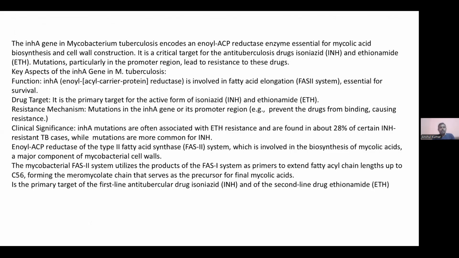The INHA gene in Mycobacterium tuberculosis encodes an enoyl ACP reductase enzyme essential for mycolic acid biosynthesis and cell wall construction. It is a critical target for anti-tuberculosis drugs isoniazid and ethionamide. Mutations, particularly in the promoter region, lead to resistance to these drugs.